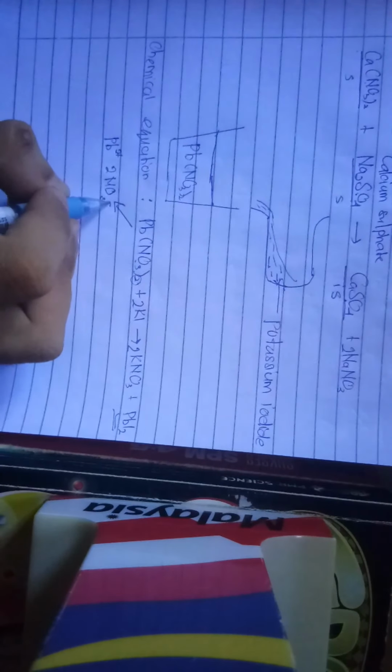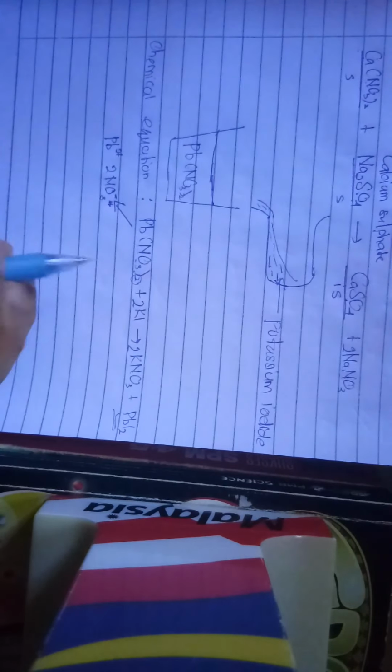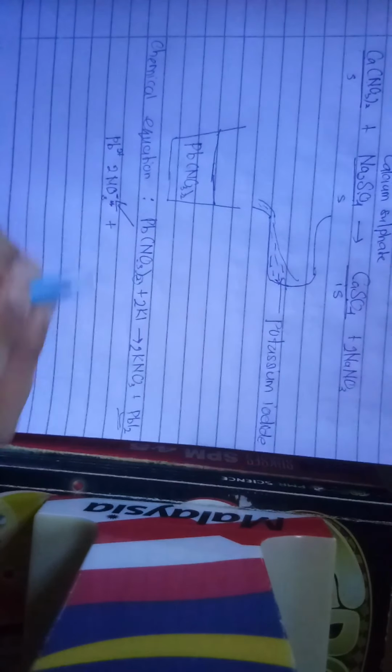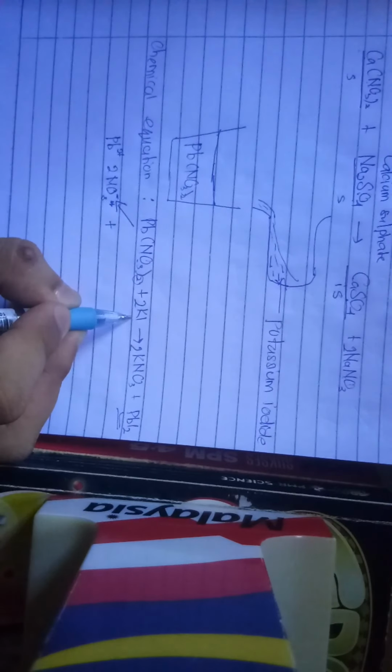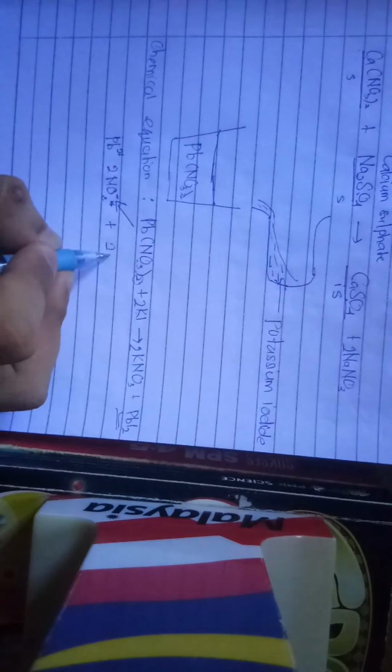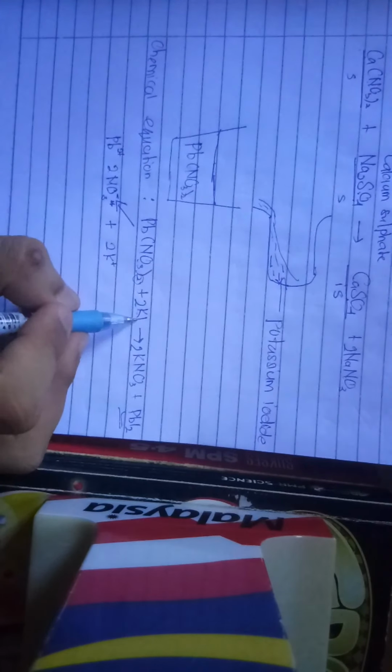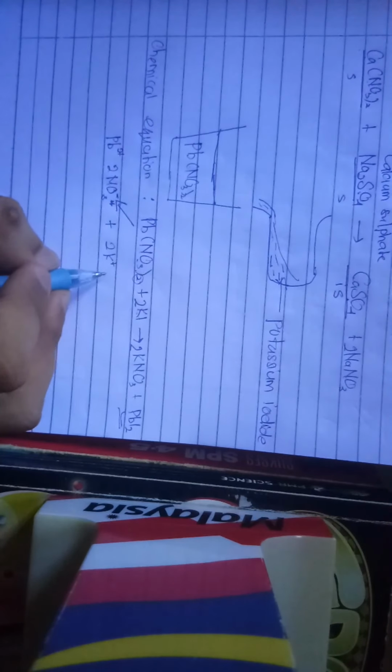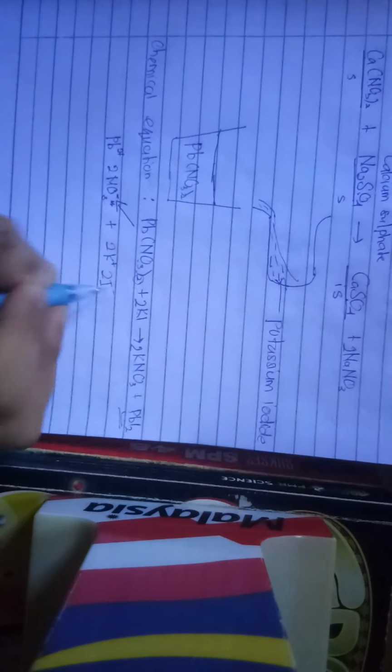Why can you give charge to this salt? Because they are soluble. This one is also soluble, so you give charge to them. You have 2 potassium here, so 2K+, and you also have 2 iodide here, which becomes 2I-.